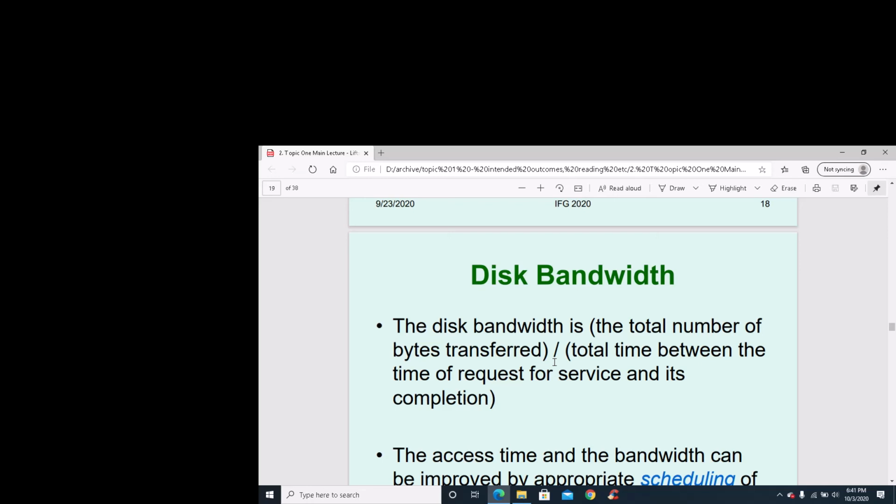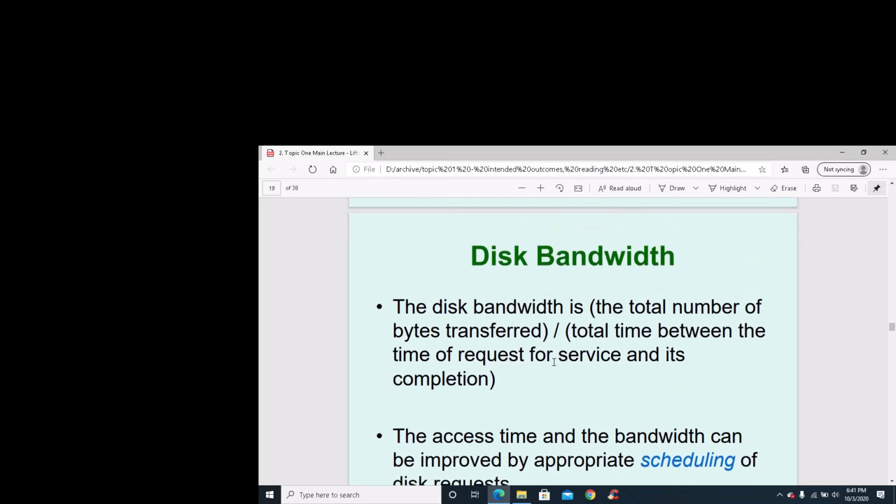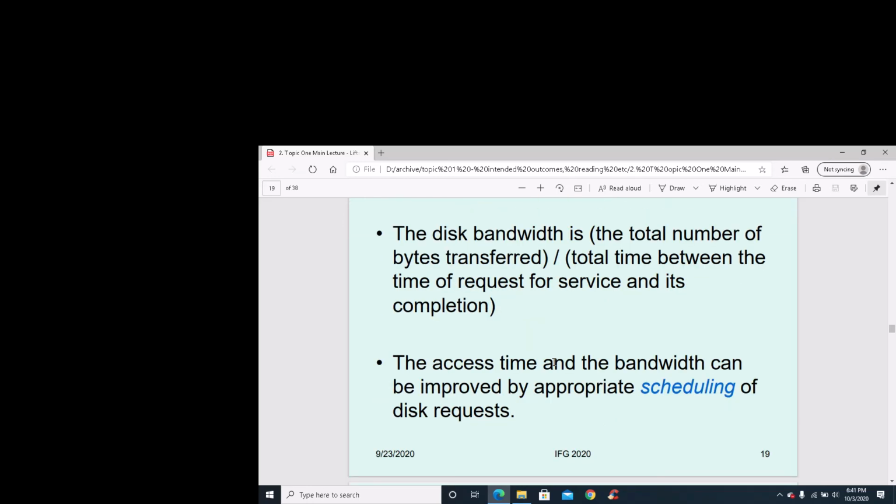So intuitively, it's the amount of data that can be transferred by reading or writing. How long is it going to take? What can the disk drive system accomplish? So the access time and the bandwidth can be, guess what, improved by appropriate scheduling of disk requests.